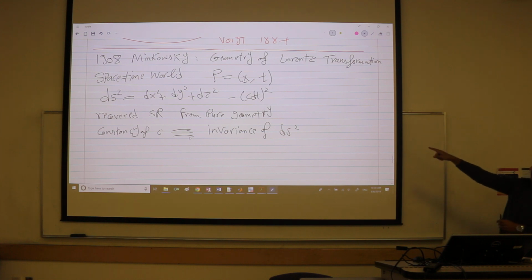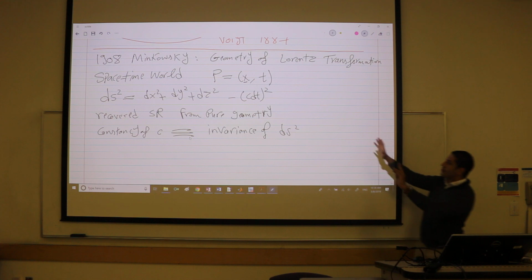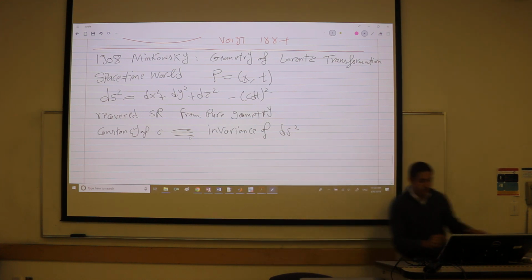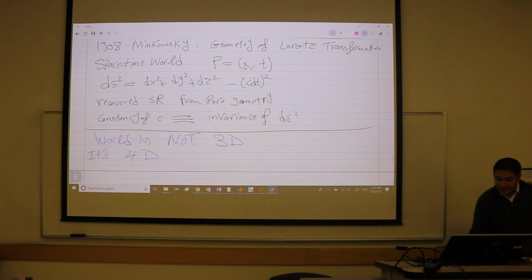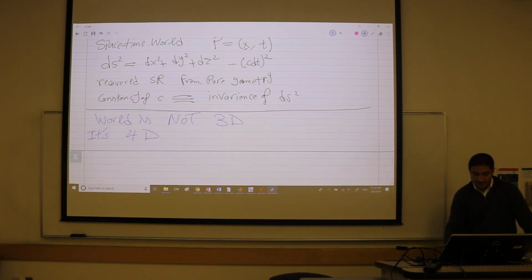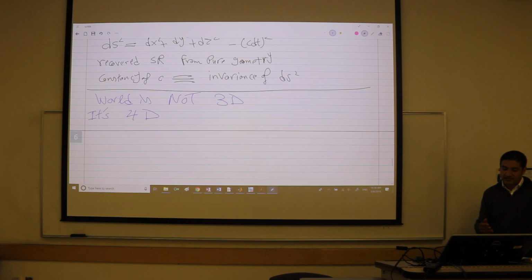But after this paper, now, if you lived at that time, you should now recognize that the world is no longer 3D, right? It's 4D now, right? And again, if we lived at that time and studied mechanics with this maturity, we would change nothing about our conceptual understanding of dynamics.